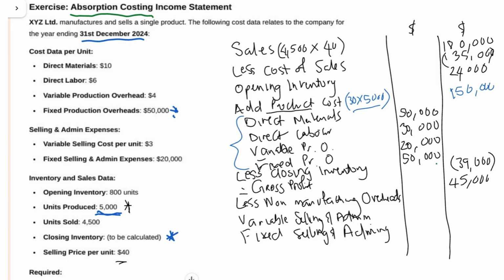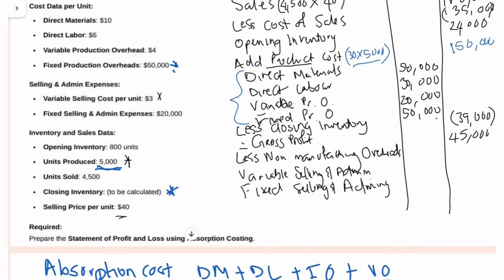So our variable selling, it tells us that it's $3. All right, so remember here, it's selling cost per unit. So how much cost we incurred for selling something. So we sold 4,500 goods. So of those 4,500 goods, each of them cost us $3. Okay, each of those sales we made cost us $3.